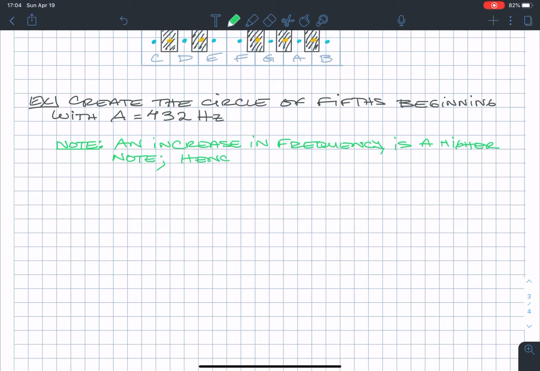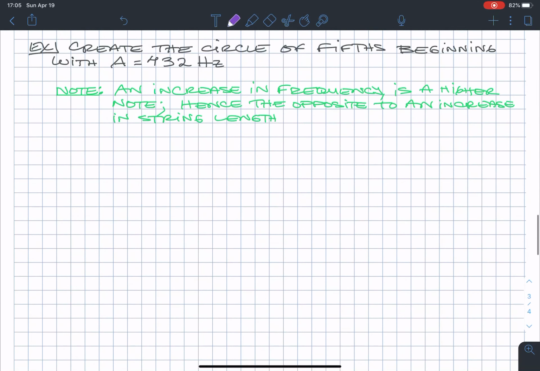Hence, the opposite to an increase in string length. So to increase the frequency, we want to multiply it by something larger than 1.